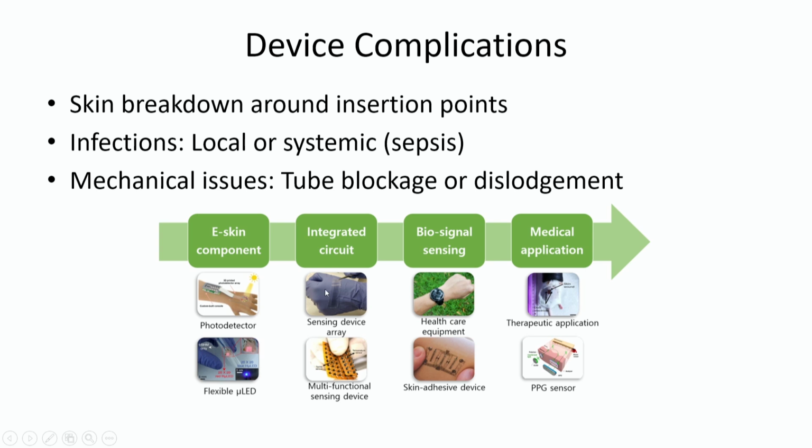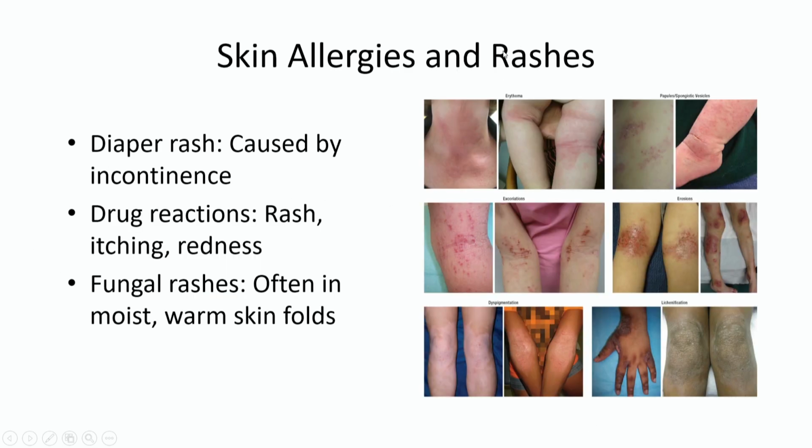Sensing device arrays used regularly may create a problem. Skin adhesive devices also create a problem. PPG sensors: skin allergy and rashes. Diaper rashes: diapers are used for people with incontinence, for children and for elderly people, and that creates rashes caused by incontinence. Drug reactions: rash, itching and redness. Drug reactions also cause rashes, skin allergy, okay?